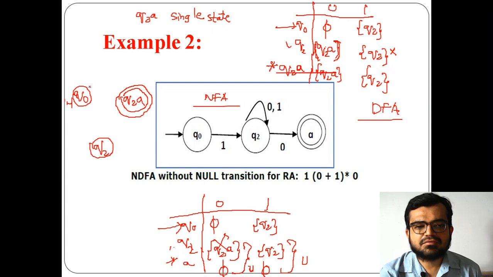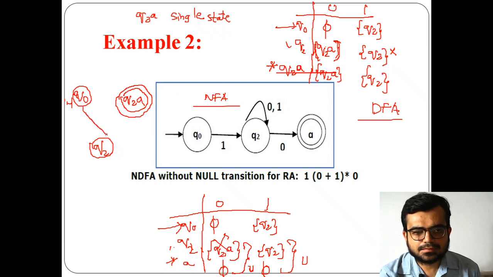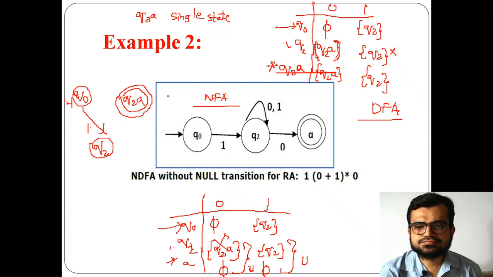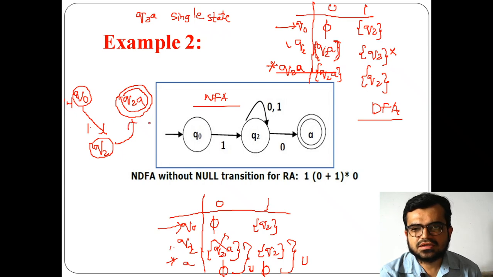And for 5, 0 will not be going there, so it is just going on 1, so it means it is going here. And if you go to Q2, in Q2 it is going for 0 and 1 both. That means here it is going for 0.